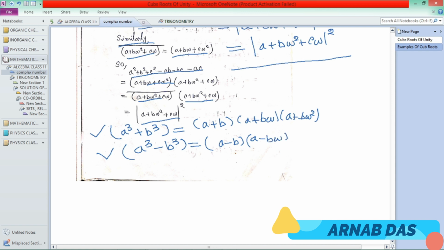It changes to a minus b omega into a minus b omega square.